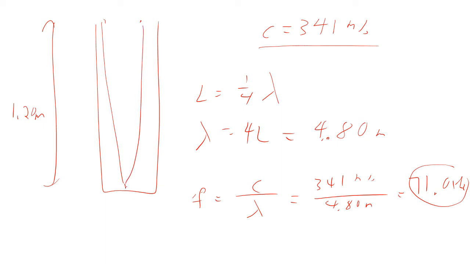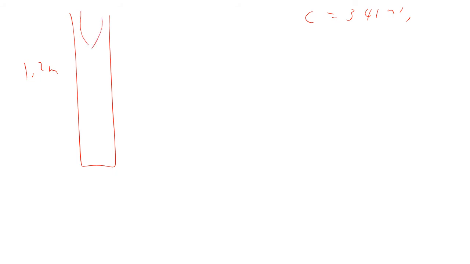So the next question is, the length is 1.2 meters, the speed is still 341 meters per second, but I want to know the first overtone. The first overtone is the second harmonic. So in this case, the length is 3/4 of a wavelength.